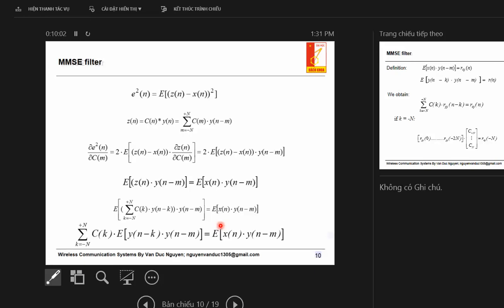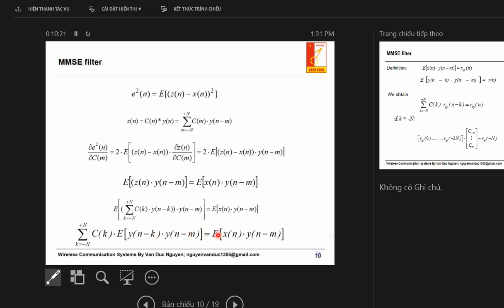That is a summation with the filter coefficient, so you can put it outside of the expectation function. This term you can put outside, and the expectation you can put inside here. Then you have the next relation here.